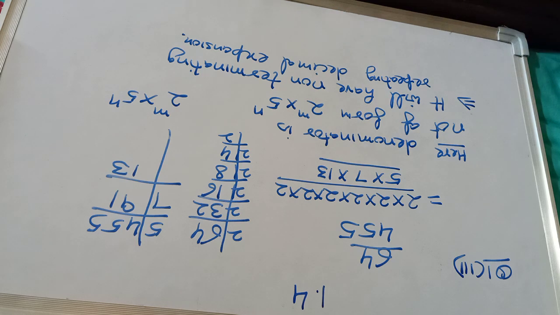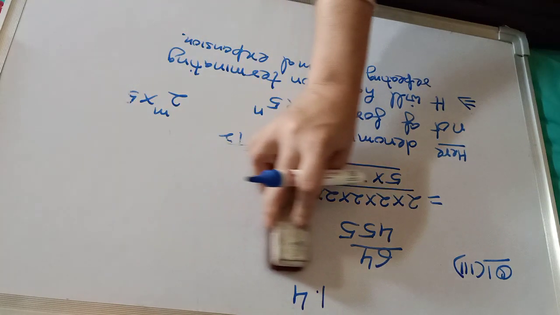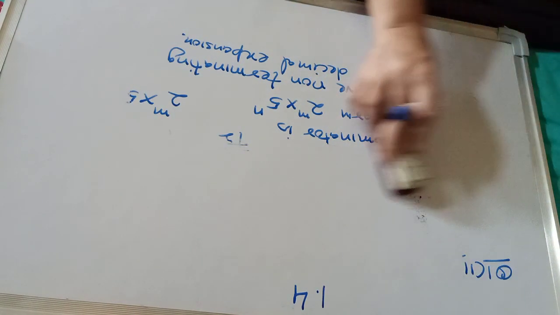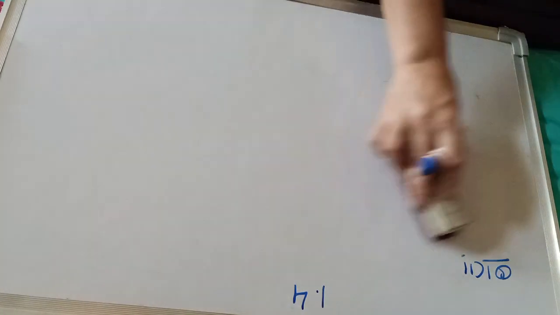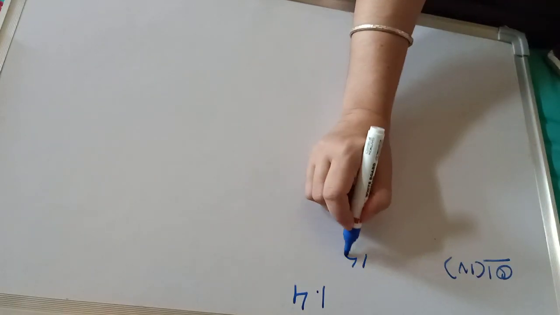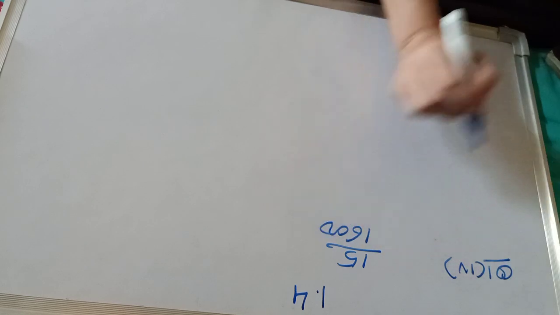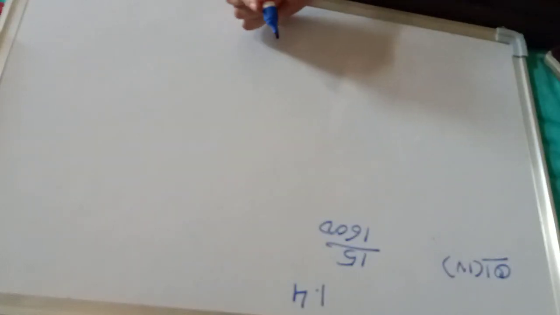Next one is your fourth part. It's 15 upon 1600.